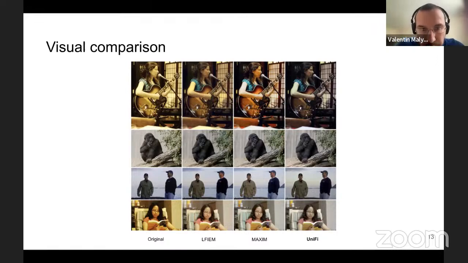Regarding LFIM, it's a bit too yellow, but it's more natural, at least for me. And the UniFi is, I think, the best for the girl with the guitar, and the man on the lakeside also seems to be the most natural, but it's of course subjective.